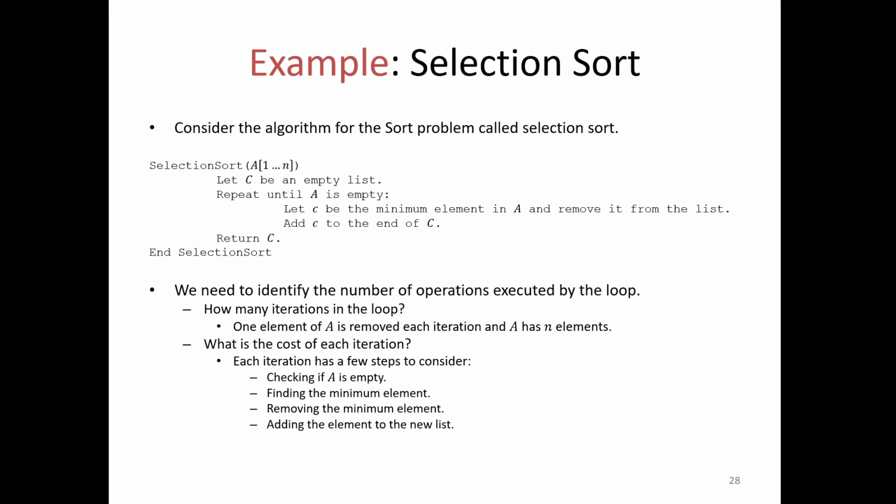So maybe we have two options here for our selection sort algorithm. We can use a list, or we could use a heap, and that actually leads to two different algorithms. Selection sort is the name we use when we use the list, but if we use a heap, we usually call it heap sort, which is just another version of this same algorithm. In fact, it's exactly the same algorithm, just using a heap as the data structure.